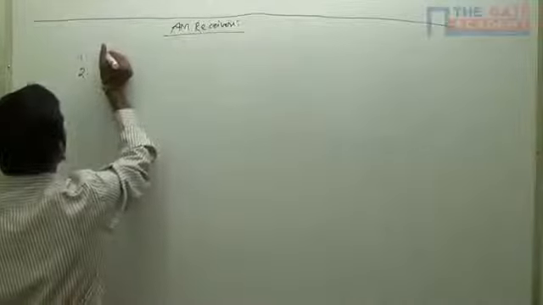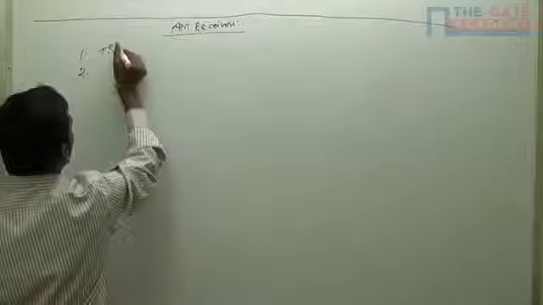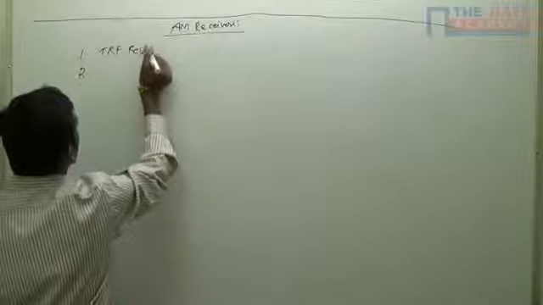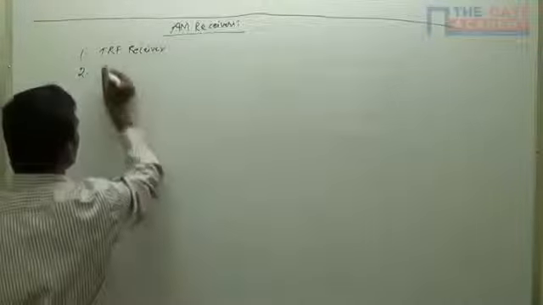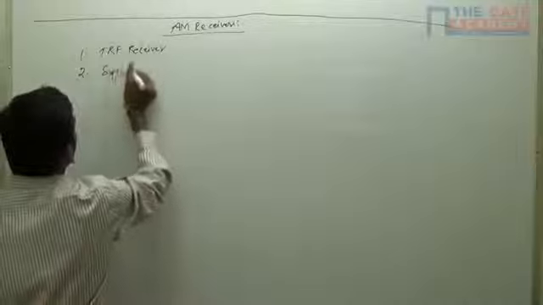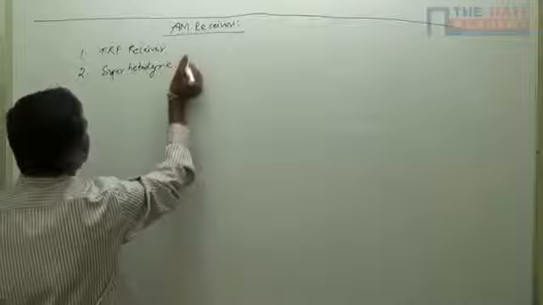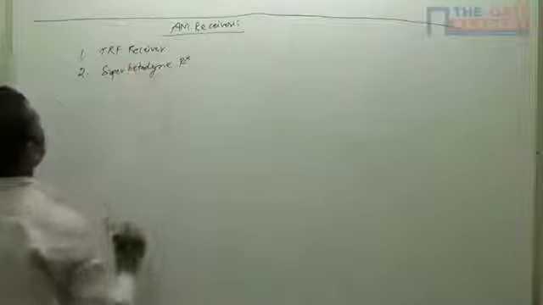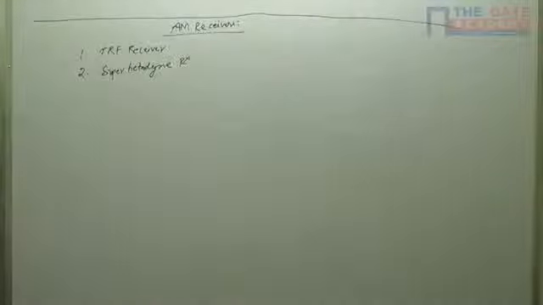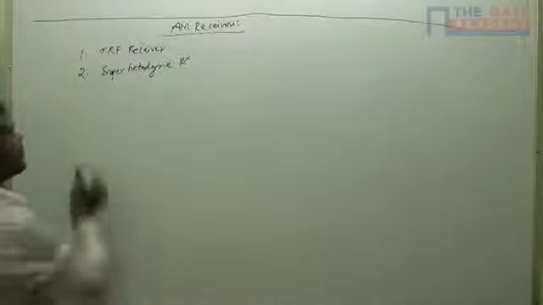Okay, the one is TRF, tuned radio frequency receiver. Another one, the second one, is the super heterodyne receiver. TRF receiver and super heterodyne receiver. Okay, so what exactly this means, we will see now.